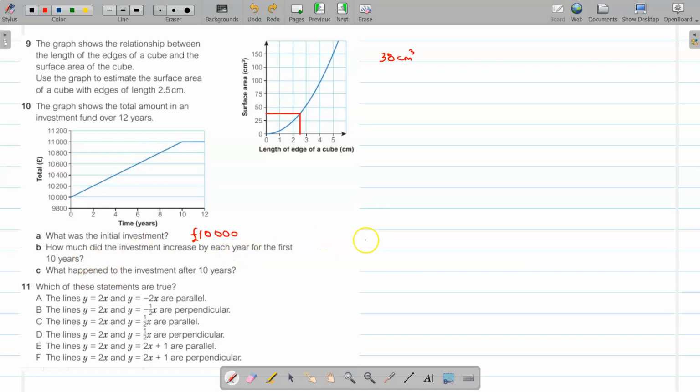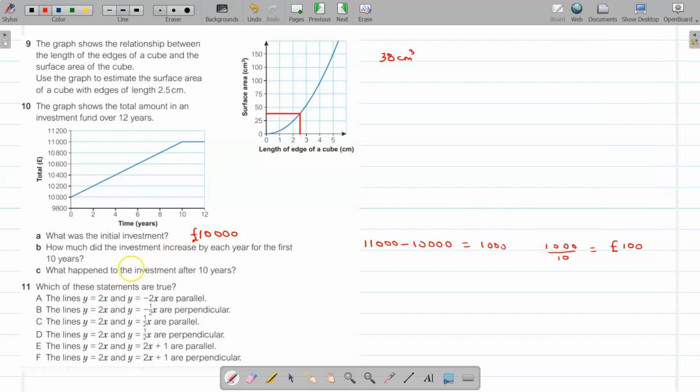So it was 11,000 minus 10,000, which equals 1,000. Okay, and that had to be divided by 10 because it's over 10 years. So that means £100 per year is what it increased by for 10 years.